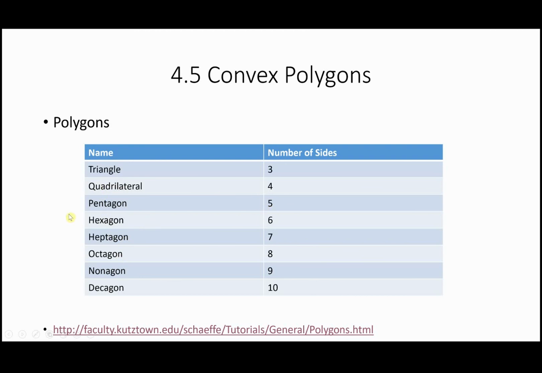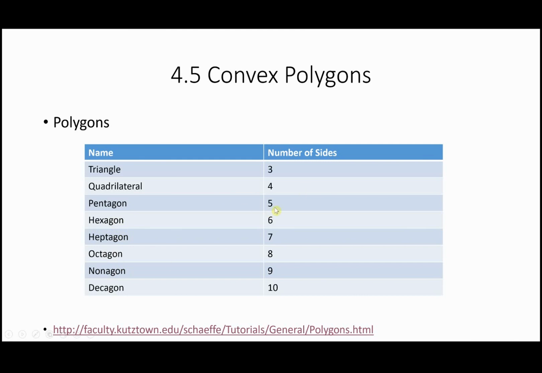A 5-sided figure is called a pentagon, and the names for the different polygons are all Latin-based, but they're very systematic in their naming. It's basically something agon, something agon, all the way down.